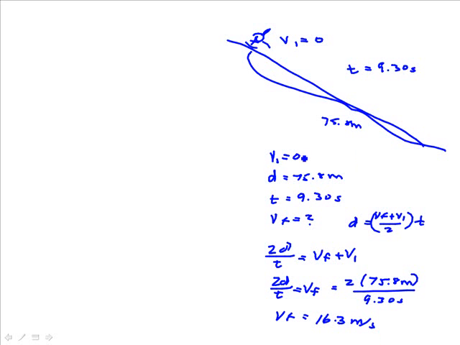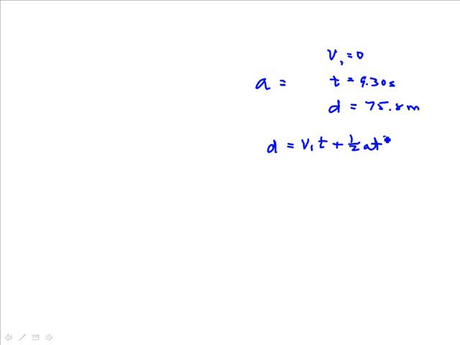Now, what's the acceleration? Well, if the initial velocity is 0, the time of flight is 9.30 seconds, and the displacement was 75.8 meters, then you could say our equation D equals VI T plus 1/2 A T squared works because the initial velocity is 0.